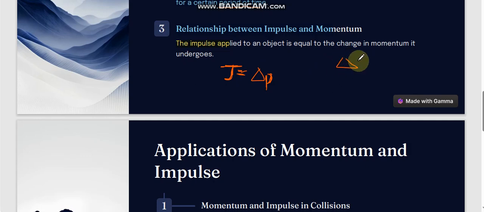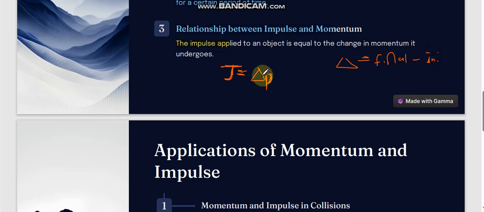So this notation simply means taking the final mass or final velocity or final whatever, and subtracting the initial part of it. That is what change simply means.